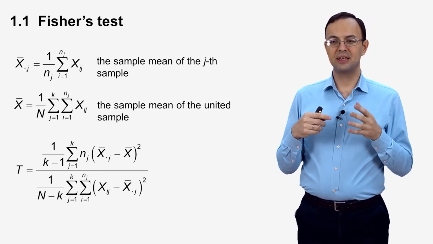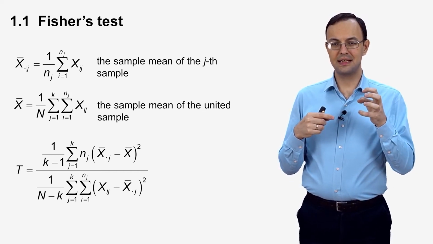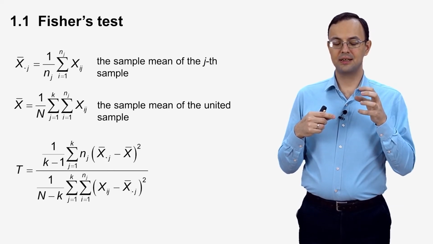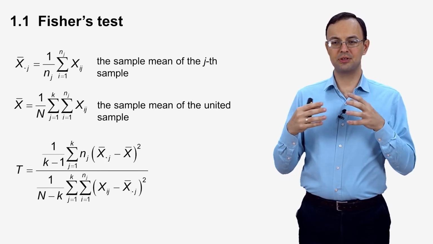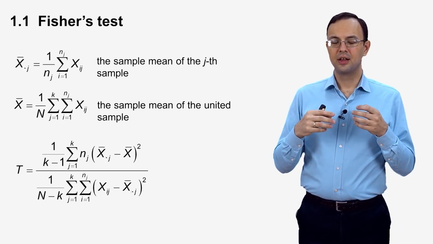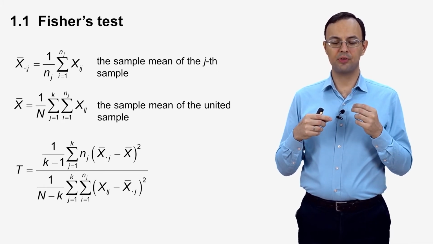So what does it mean? It means when the numerator is big enough in comparison with the denominator, this fact is in favor of the alternative hypothesis.